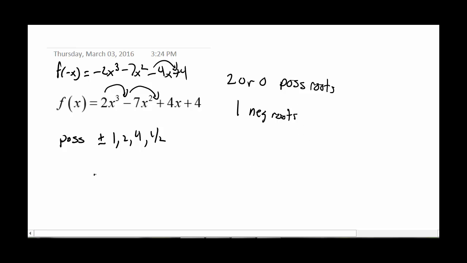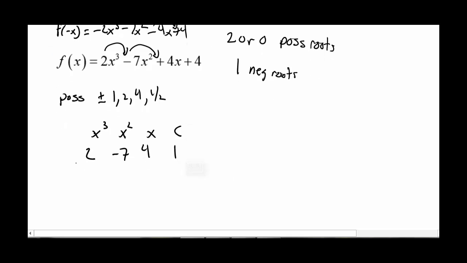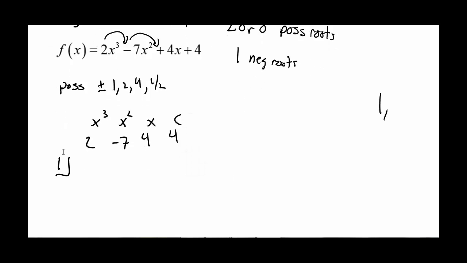Alright, so let me make my list of x cubed, x squared, x, and constant. So 2, negative 7, 4, and 4. Alright, let's try 1. Off to the side there. Alright, drop the 2.